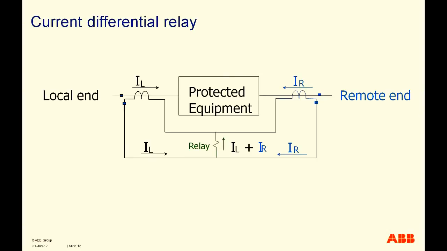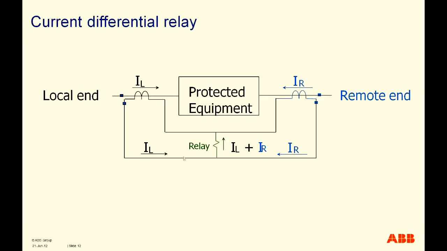So here we have this current differential diagram. As you can see, IL is the local current, and if the CT is connected with this dot notation, then if the current is flowing in this direction, the CT secondary current will be flowing in the other direction.